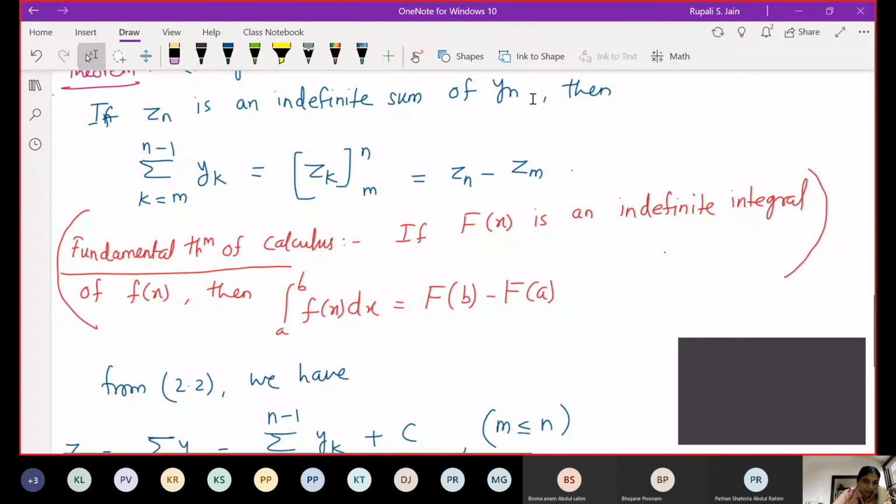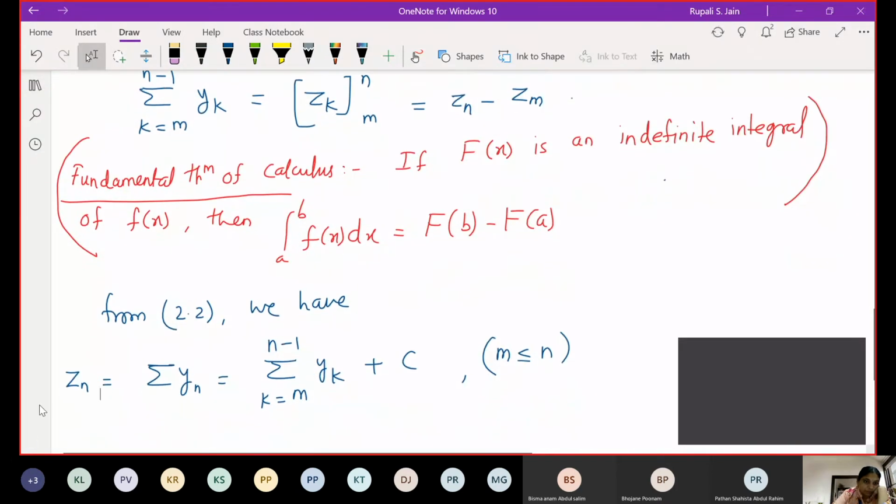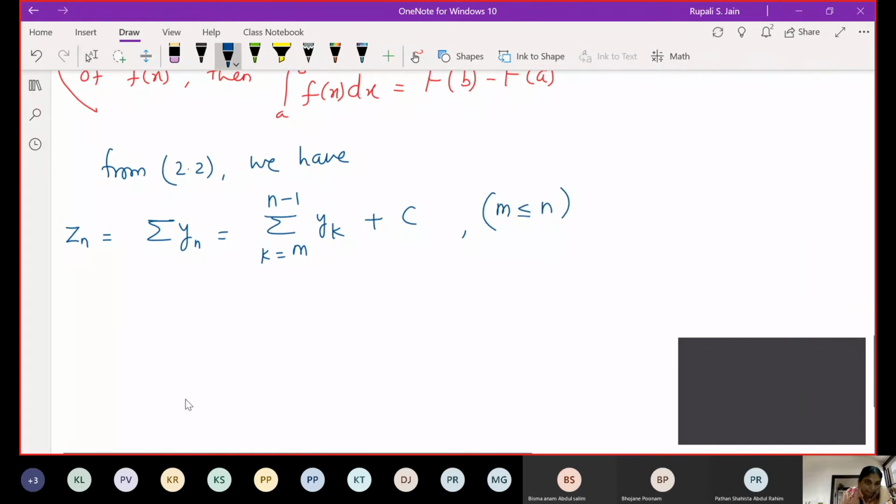Zn is the indefinite sum of yn, so this is my notation Zn. So what will be Zm? It will be summation k is equal to m to m minus 1 of yk plus c.